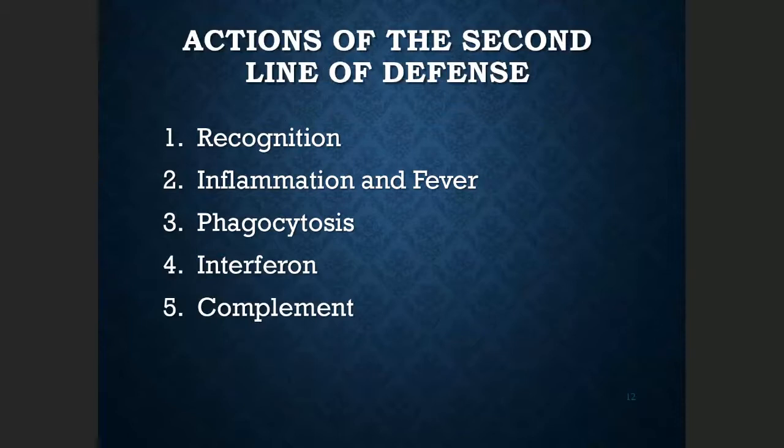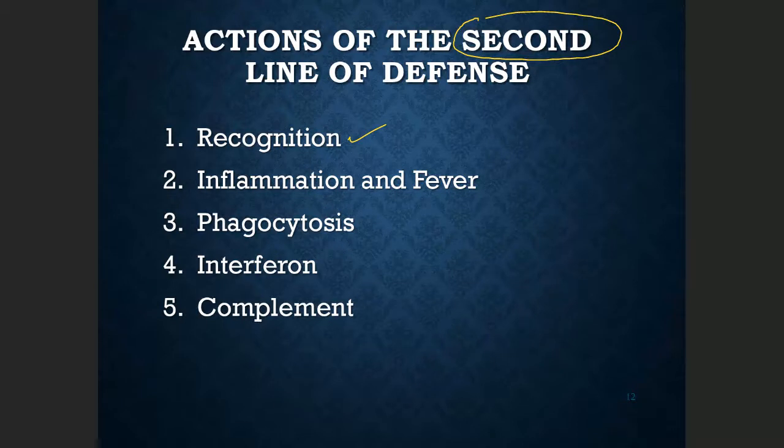Okay, so we're done with the first line of defense. Now we go to the second line of defense. It consists of several actions, starting with, of course, recognition. When the antigens, the pathogens or infection, come into our system, they carry special markers, and our immune system will be able to recognize them.